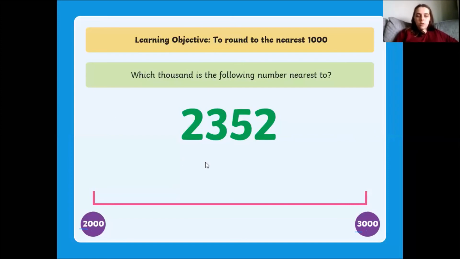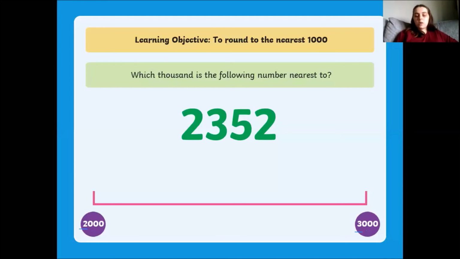Okay, so this is my 1,000. I use this to look. 1, 2, 3, 4 will be closest to 2,000. 5, 6, 7, 8, 9 will be closest to 3,000. Well, it's a 3, so it's closest to this one. But then we can do that thing where we look in the middle. Halfway between 2,000 and 3,000 would be 2,500. Is 2,352 lower than 2,500, meaning it's close to 2,000?